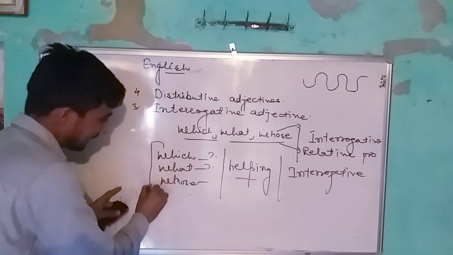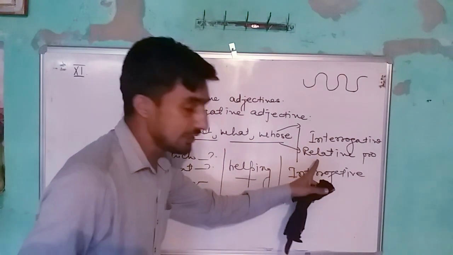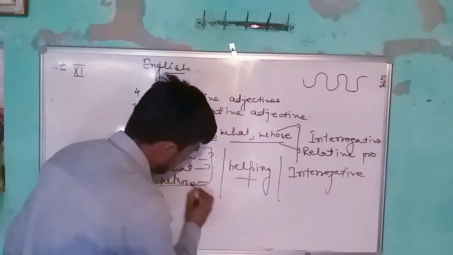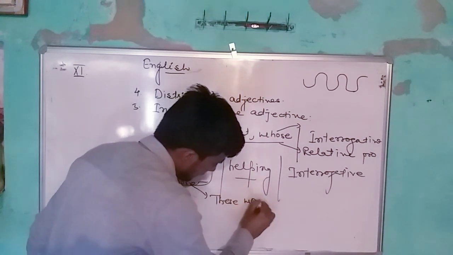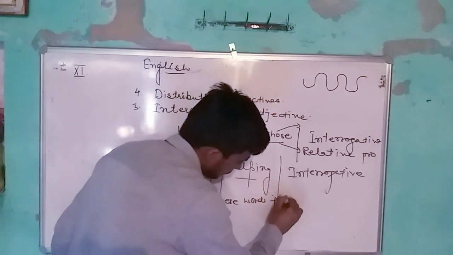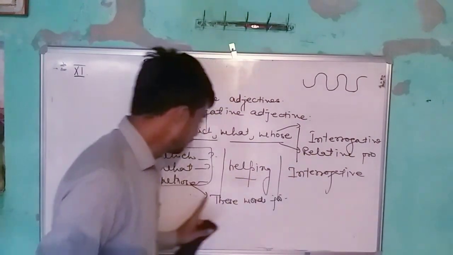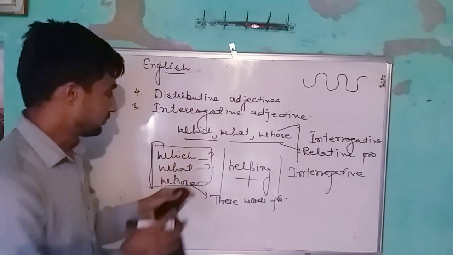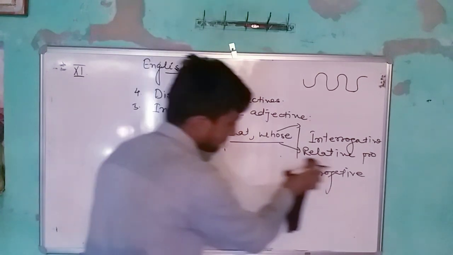In a relative pronoun, if these words join two sentences, they work as relative pronouns. But in an adjective, they work as an adjective.